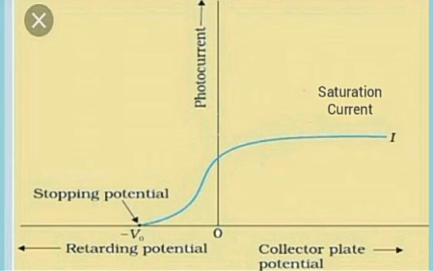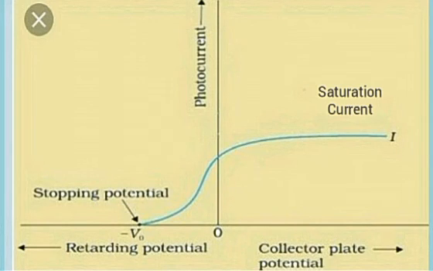Yes, here at the end the curve becomes flat. So why does it happen? If we keep on increasing the positive potential, there are no more electrons to emit. So current saturates. So that current is called saturation current, or the maximum value of photocurrent.